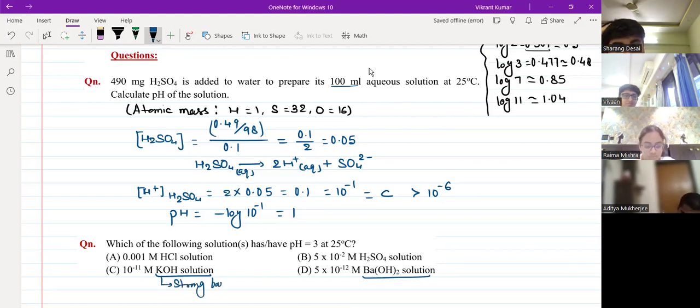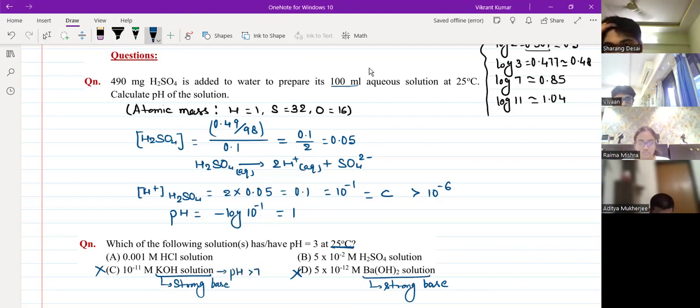Strong base के solution का pH तो 25 degree पर 7 से नीचे तो आ ही नहीं सकता, है ना? And that's why definitely these cannot have pH equals 3 क्योंकि इसके लिए pH definitely greater than 7 ही आएगा. pH greater than 7 ही आएगा तो 3 तो आ ही नहीं सकता.